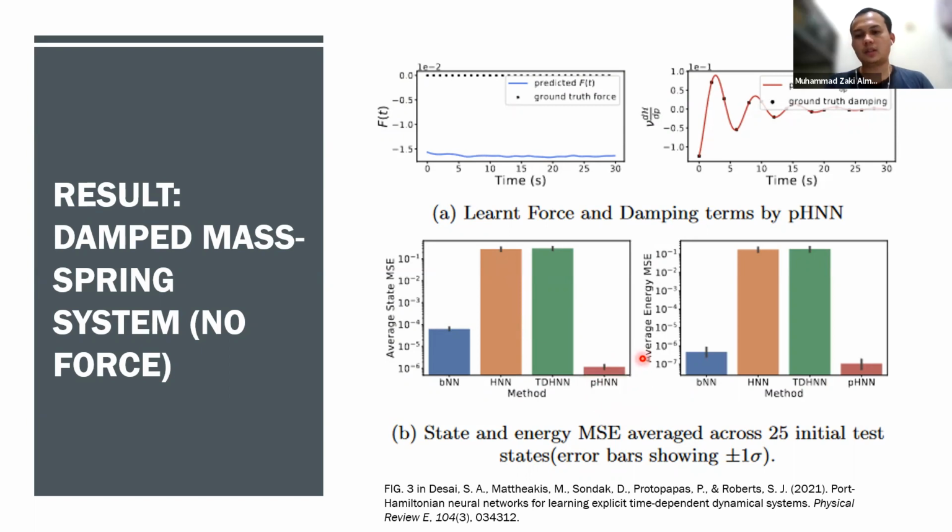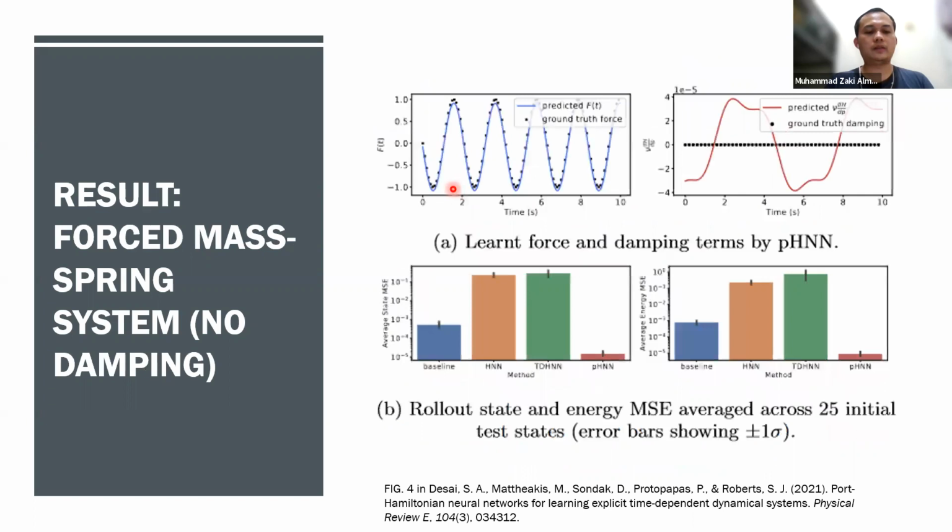So you can recover the damping here almost exactly, but you still have the force. And then in the next setting, we have a forced mass spring system, but no damping.